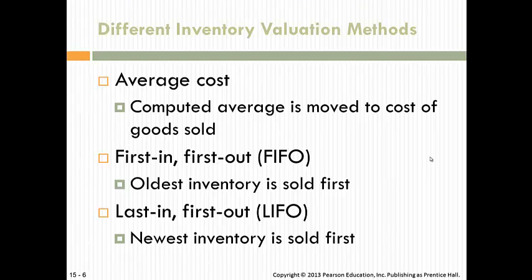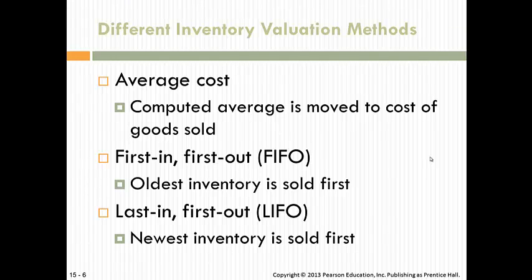In some cases, it's simply not practical, like this case, to track individual items like heads of lettuce. Instead, we use valuation methods to make an estimate of the value of inventory at the end of the accounting period. These valuation methods are based on assumptions.